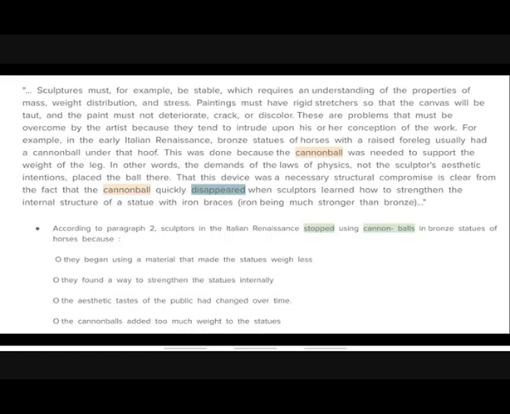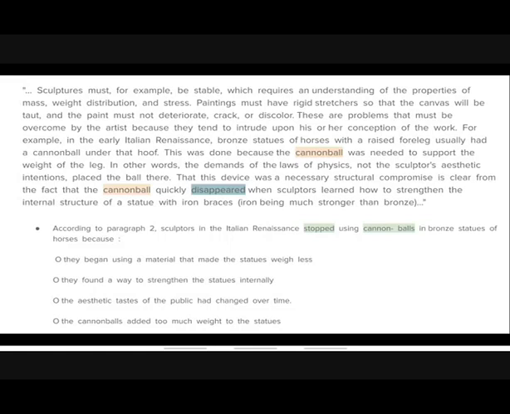But as we said before, it's not necessary that any sentence which includes a keyword has our right answer. When we skim the first sentence, we ask ourselves, does it explain why they stopped using cannonballs? We read it and we discover that no, it does not. It does not actually explain the main usage of the cannonballs.